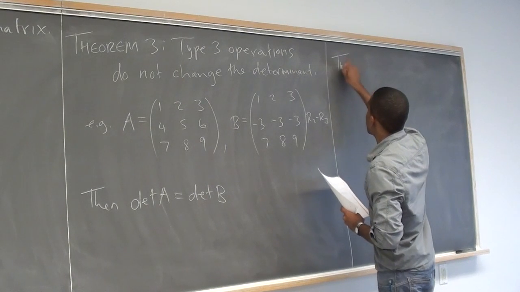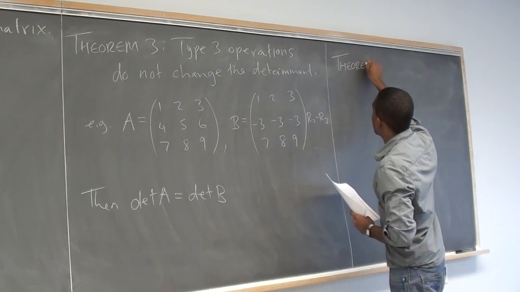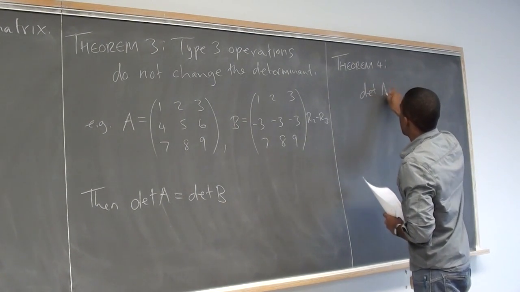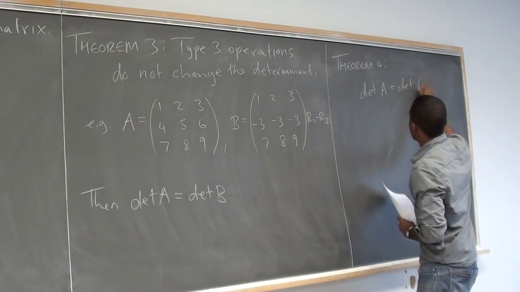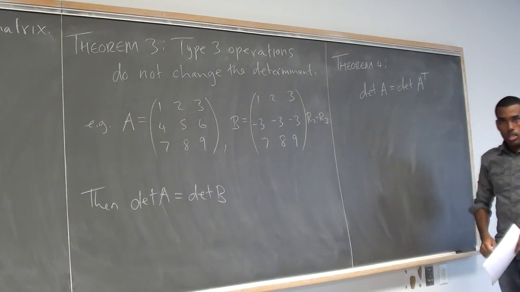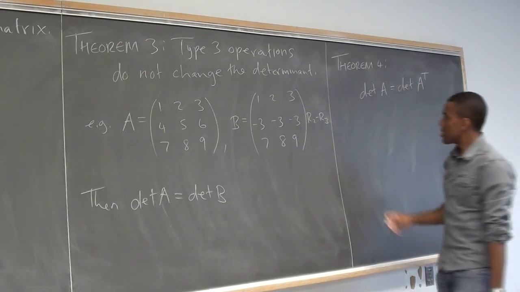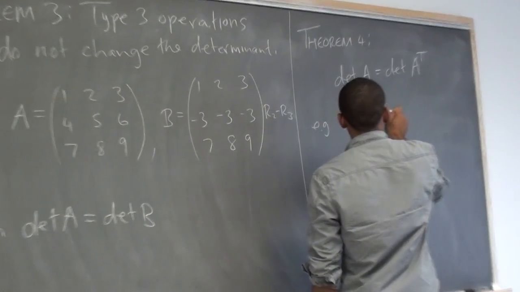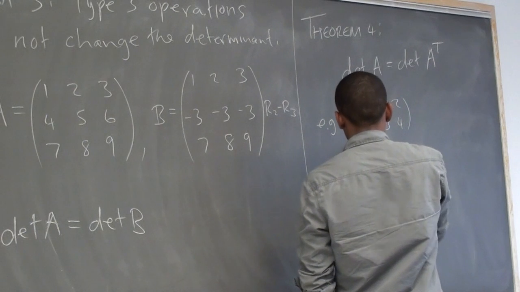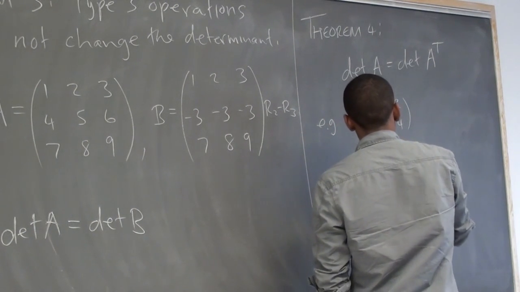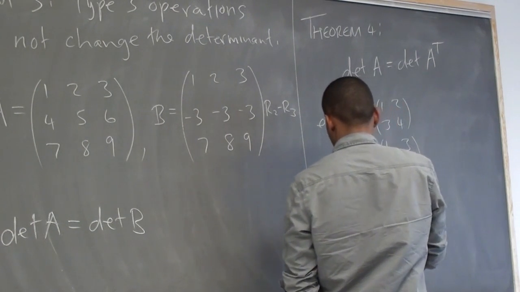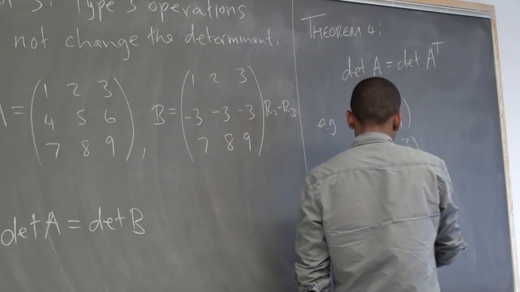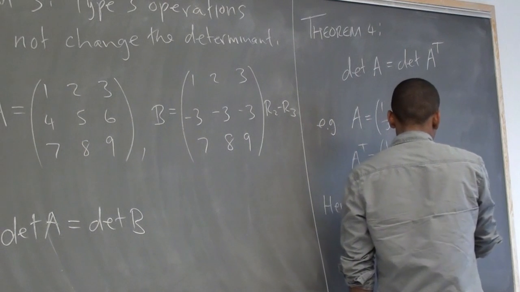Theorem 4: the determinant of A is equal to the determinant of A transpose. Example.